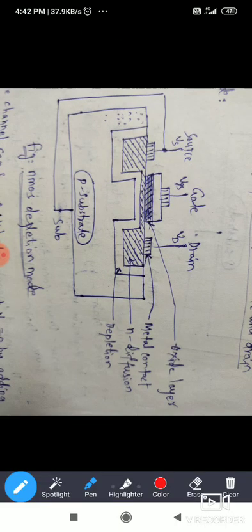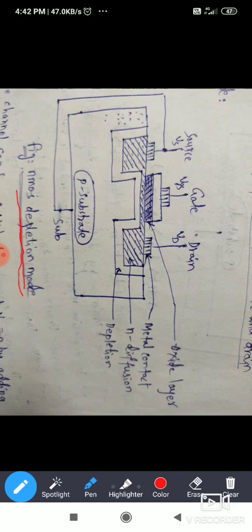Here also same. This is not PMOS, this is NMOS, but this is depletion mode MOSFET. In the depletion mode, the MOS transistor channel is always present. In the enhancement mode MOSFET, the channel is absent.